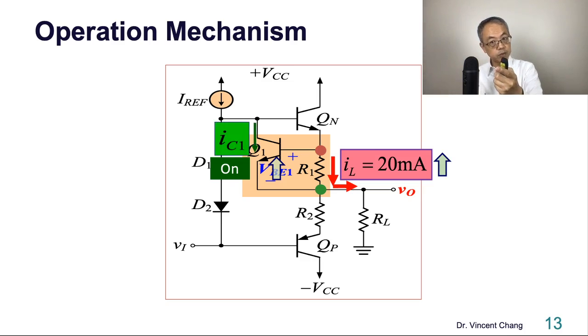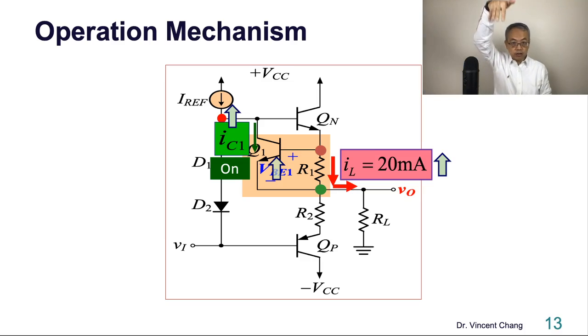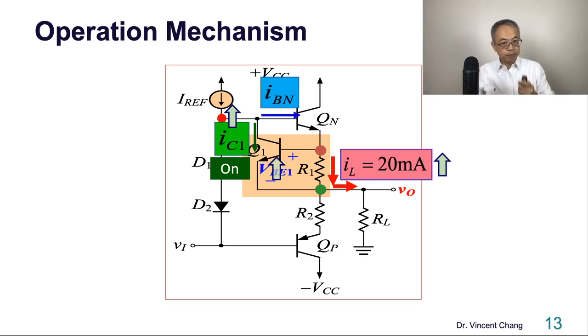What current? IC1. The green current will go up, because IC and VB go up exponentially, okay? And then what? Then watch the red node. Because the current from the top is a constant current source, when the green current goes up, the base current, the blue current IBN, has to go down.